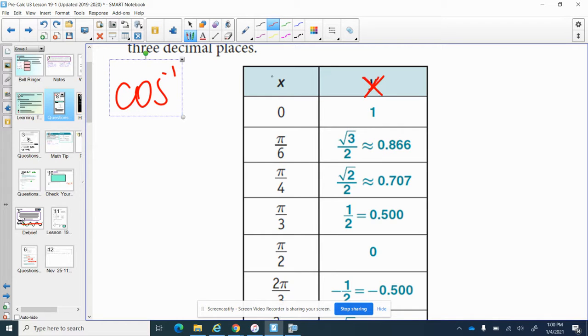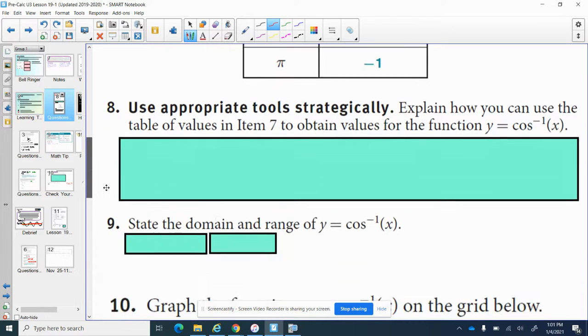These are now your input values, and your output values are now this. So it's almost like looking at the unit circle, and instead of saying at 60 degrees it's this value, you're now looking at it and saying, it's this value, so it has to be 60 degrees. That's kind of what we're looking at here.